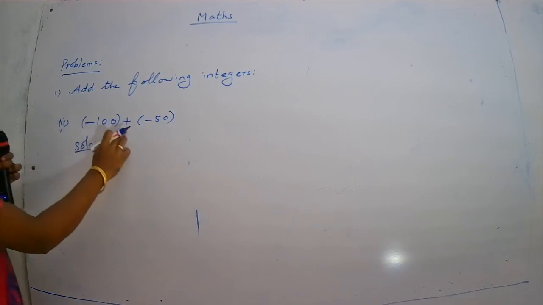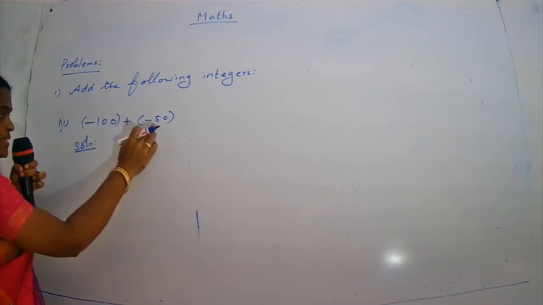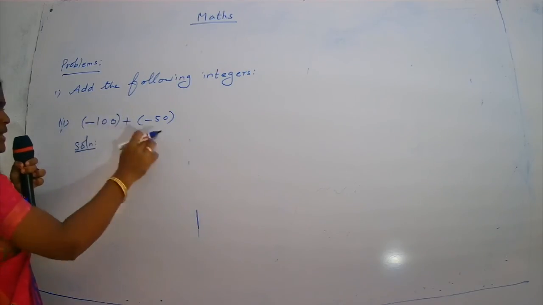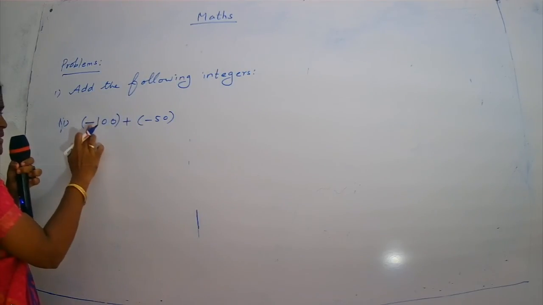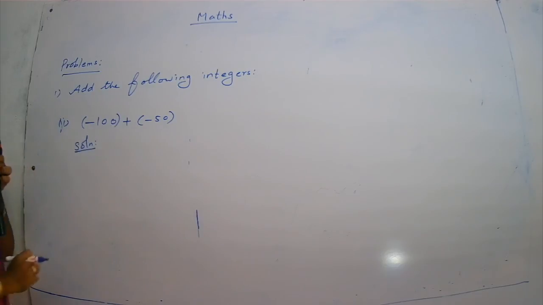Minus 100 plus minus 50. You add the following integers. So minus 100 is a negative integer. Minus 50 is also a negative integer. So the first rule is, if the integers have the same sign, we add the absolute value and assign the same sign to the answer.